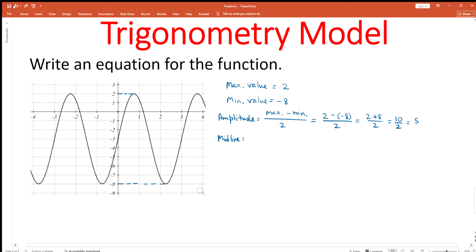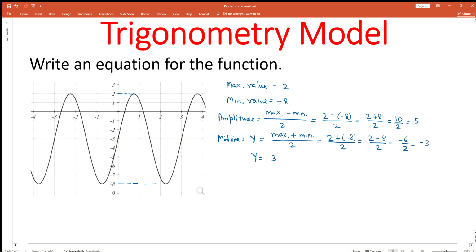Since the midline is a horizontal line, we write its equation as y equals, and the formula is maximum plus minimum divided by 2. 2 plus -8 is equivalent to 2 minus 8. I get -3. So the midline is y equals -3.